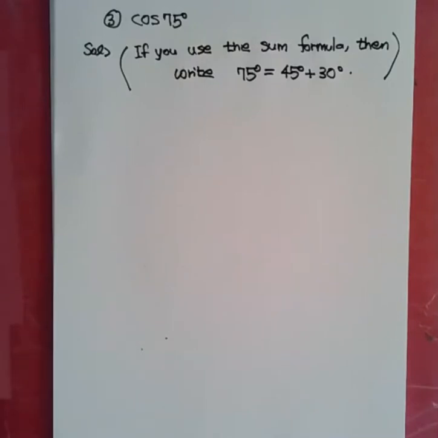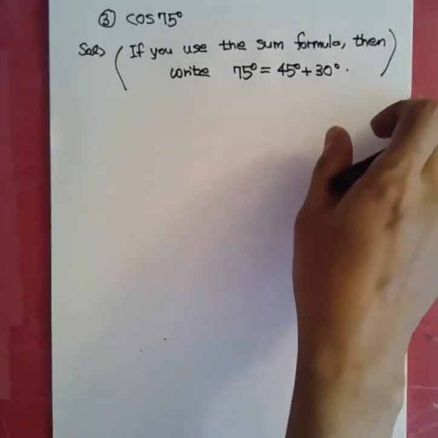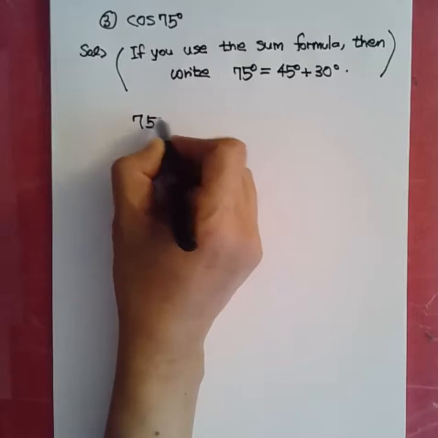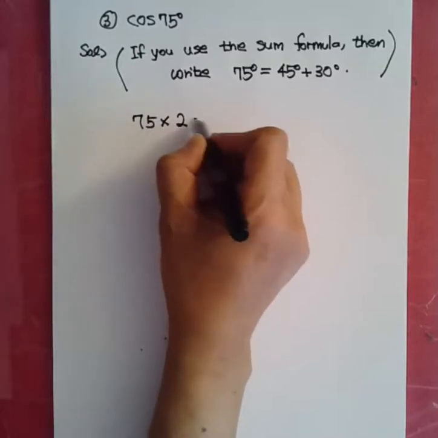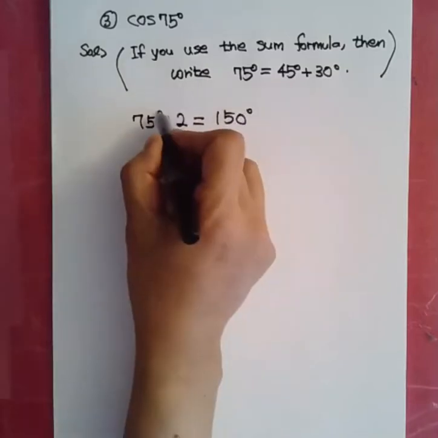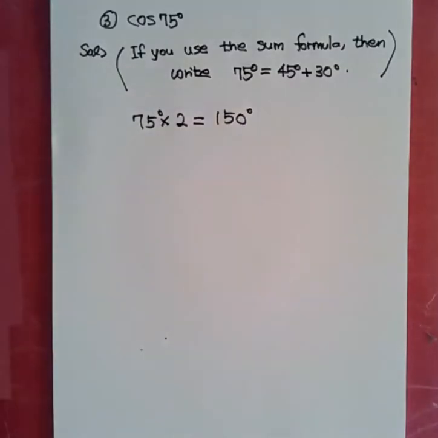75 degree is not a well-known angle, so what we want to do is we just multiply by 2 and see what happens. If you multiply by 2, then you will get 150 degree. The reference angle of 150 degree is a well-known angle, which is 30 degree.